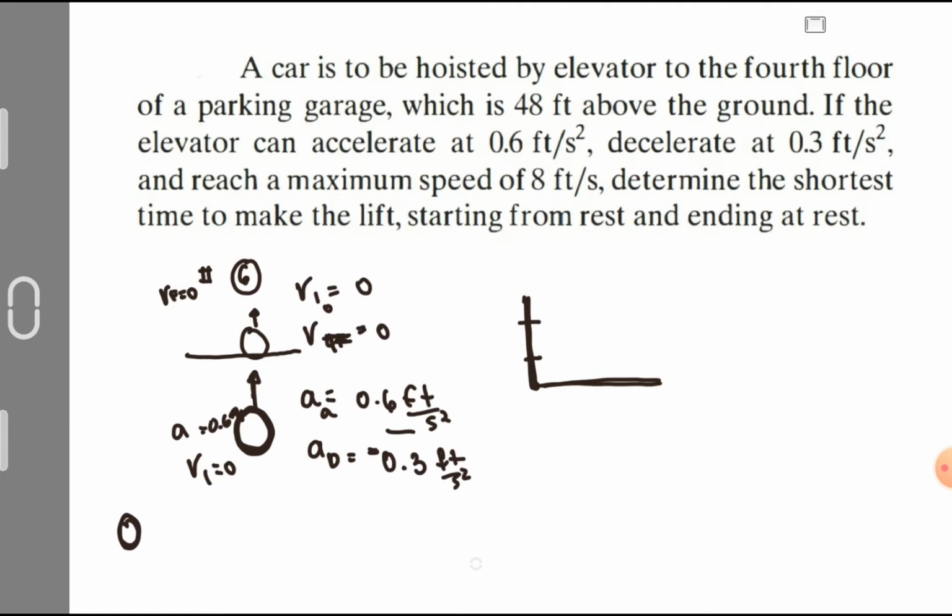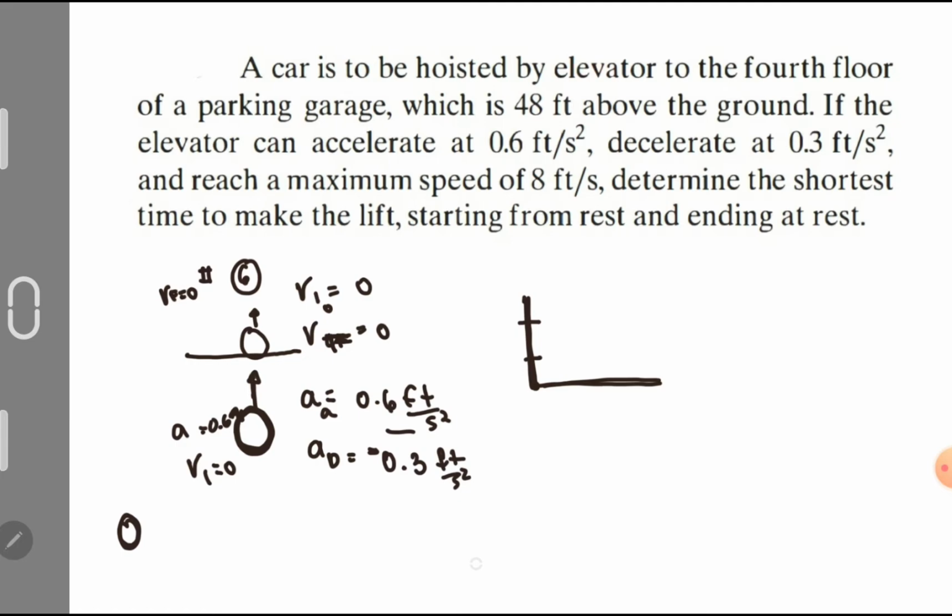But take note, this is not a free fall, because when you are talking about free fall, you are not considering the air resistance and you are only considering the acceleration of gravity. That is why it is free fall, right? In this case, you are considering the acceleration of the motor of the elevator.